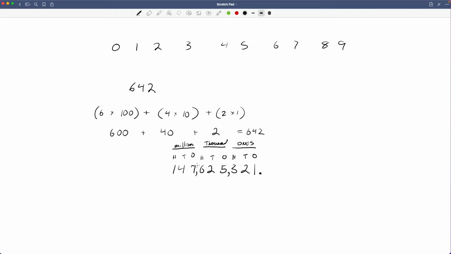Right? So this would be 147 million, and wherever the comma is, that's where we say the name of the group. 625,000, because that's where the comma is, 321. And we don't say ones after the end. That's the only thing that we don't do, is when we get to the last number, we drop that.